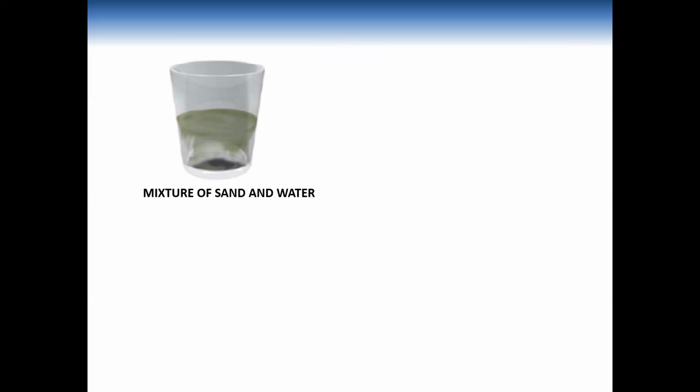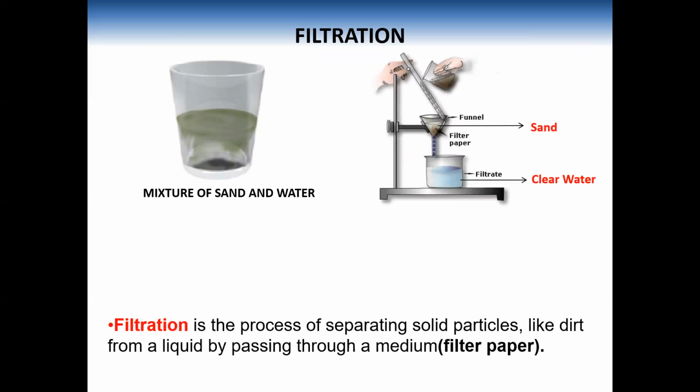There is another method which can be used to separate sand from water, and the process is known as filtration. It is a process of separating solid particles like dirt from a liquid by passing it through a medium known as filter paper. There is a filter paper present in a funnel.